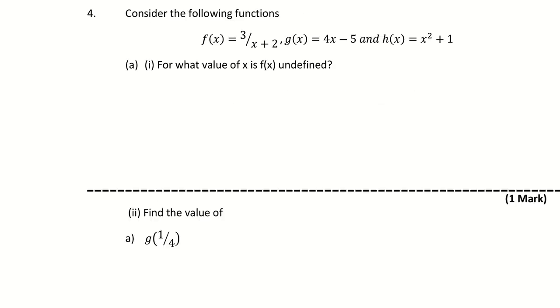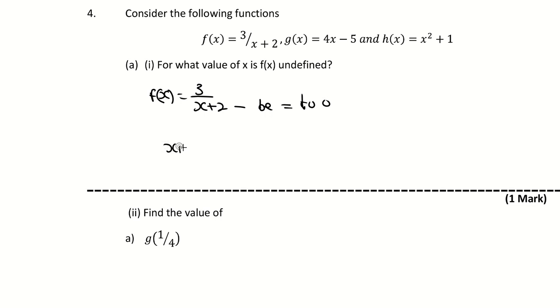When is a function undefined, guys? When is something undefined? When it is divided by 0. So if I want to make f of x undefined, I have to make it be equal to something divided by 0. So if I know that f of x is equal to 3 over x plus 2, and I want to make this undefined, I'll have to make the denominator equal to 0.